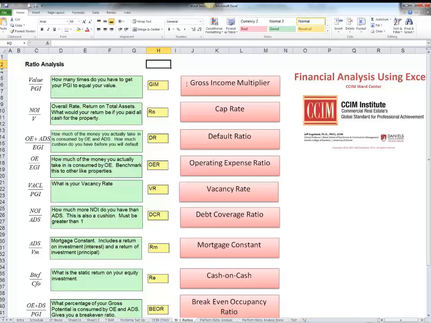In a place like Russia or China, it's really hard to get a net operating income. It's a lot easier to get a gross income because all you really need are asking rents and a little bit of truthing for those asking rents to figure out what the taking rents are. And then you can look at something on a gross income multiple basis.